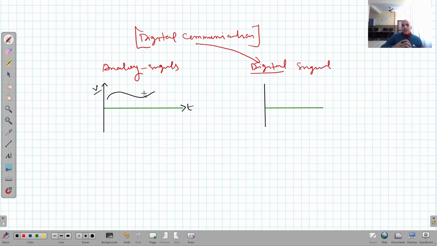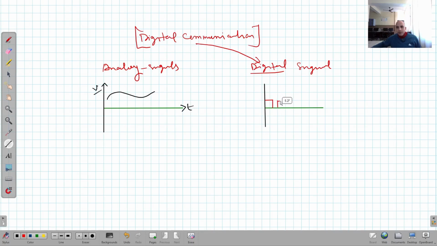But if we look at the digital signals, then these signals are not continuous, but rather they are discrete, right? In these signals, we will have only a few values of the signal allowed. I can say if this is 1, then 0, right?